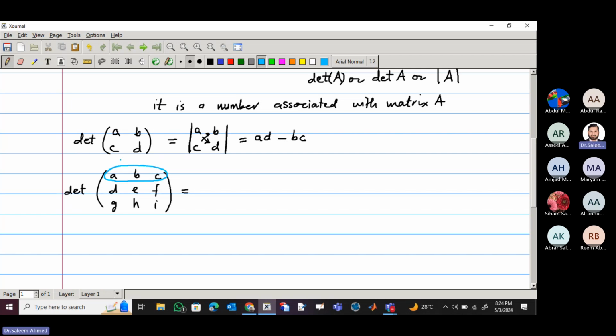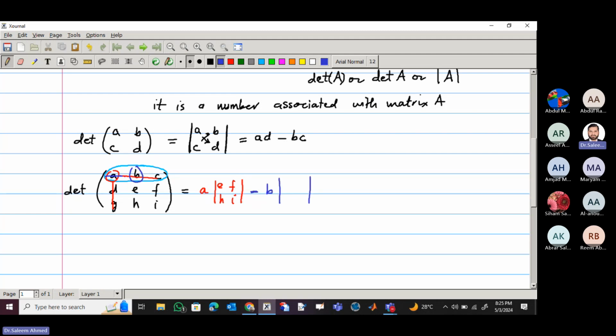Then I will pick the first number, A. I will remove the row and column of A, and multiply A with the determinant obtained by deleting the row and column of A. So the leftover is E, F, H, I. Then I will go to the second one, B, and it comes with a minus.